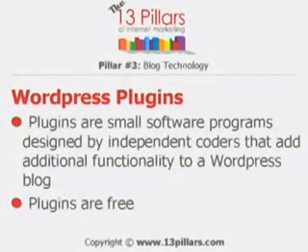Now you can also get something called WordPress plugins. Plugins are small software programs designed by independent coders that add functionality to a WordPress blog. What this means is there are lots of little programs that you can add onto your WordPress theme to really personalize it. Again, these are pieces of code already designed by people and completely free of charge to use.